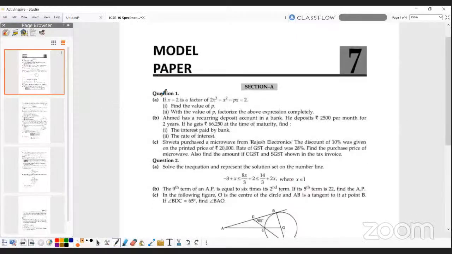Please try solving question number 1 and give me the answer in the chat box. What is the data given here? If x minus 2 is a factor of 2x cubed minus x squared minus px minus 2, in the first part you are supposed to find the value of p, and after getting the value of p you have to factorize the above expression. Try doing it and tell me the answer for the value of p.